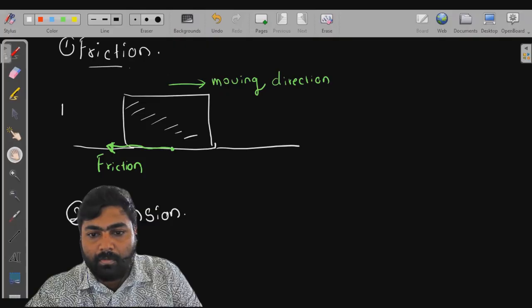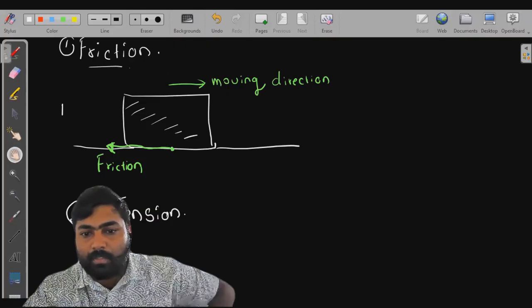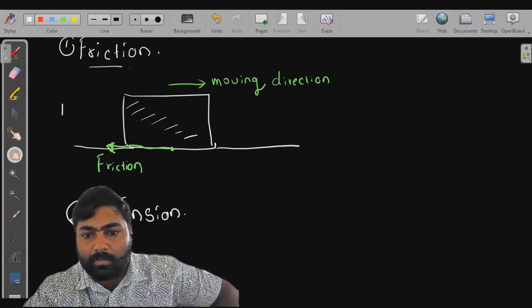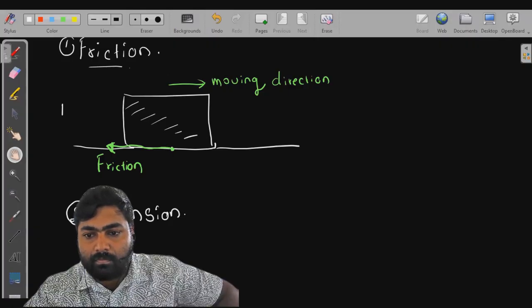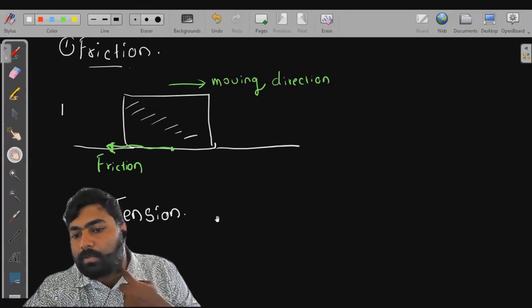Or what is the instant when tension is generated? Where can tension occur?